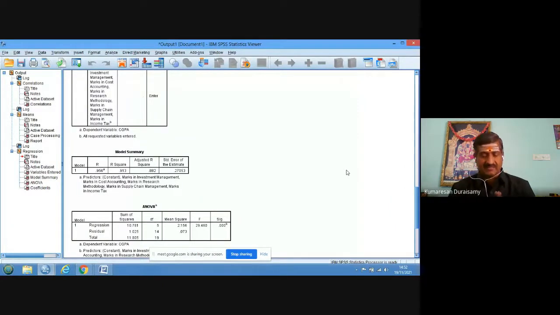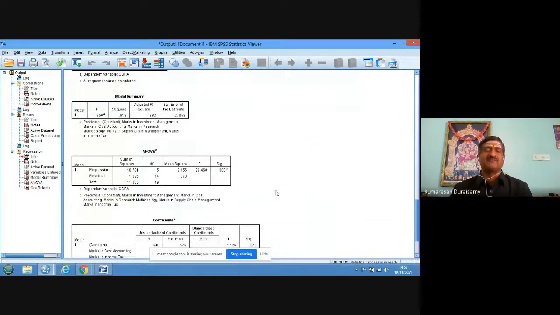That means if the marks in these subjects increase by 100, the CGPA will be increasing by 91.3%. That's all. So that is what we understand from this model summary.